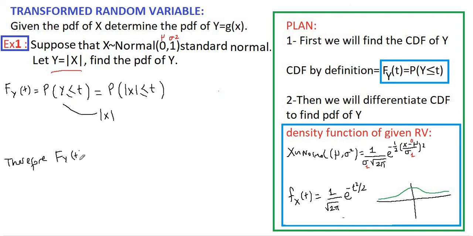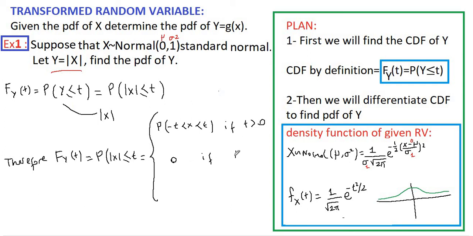Therefore, F_Y(t) is equal to the probability that the absolute value of x is less than or equal to t, which is the probability that x is between negative t and t if t is greater than 0, and 0 if t is less than 0, by the definition of absolute value of x.